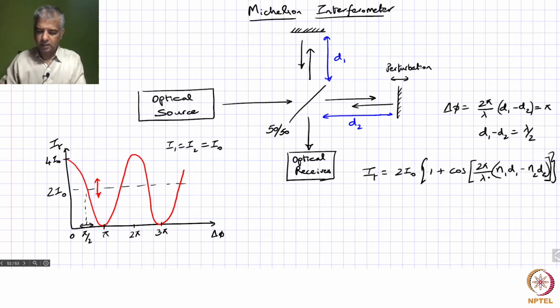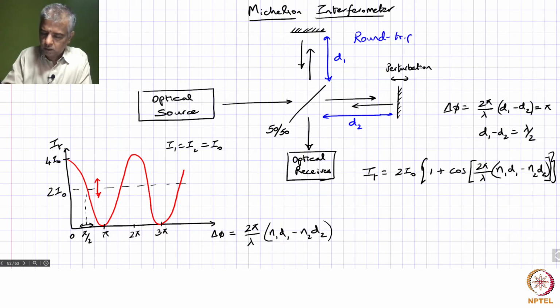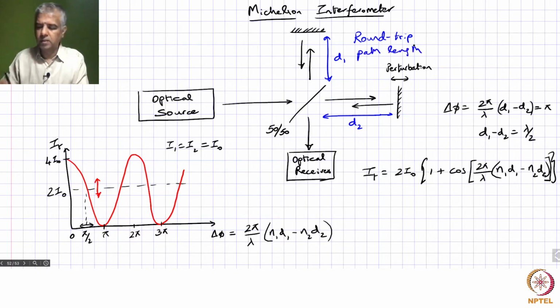So if we look at delta phi with respect to this apparatus, delta phi is equal to 2 pi over lambda times n1 d1 minus n2 d2, right? Where d1 and d2 are the round trip path lengths in this setup.